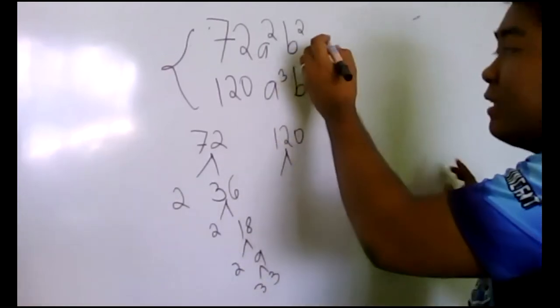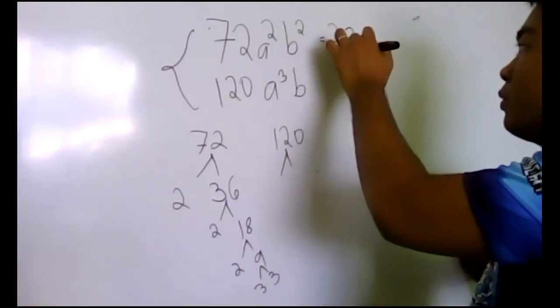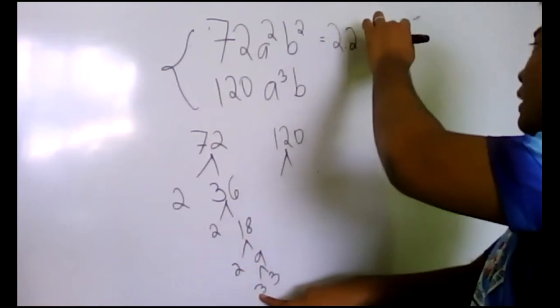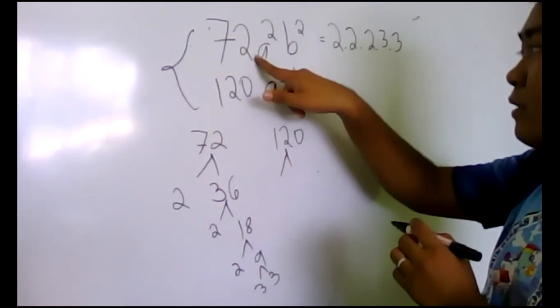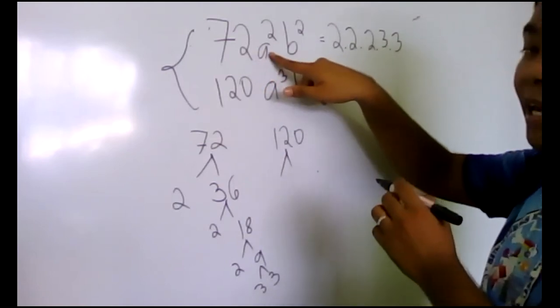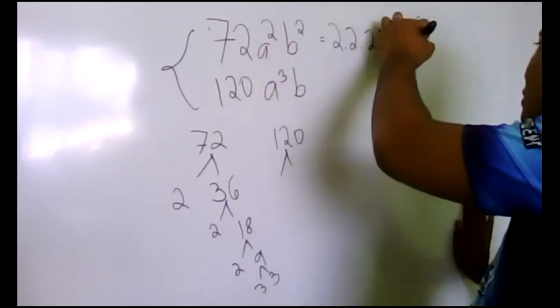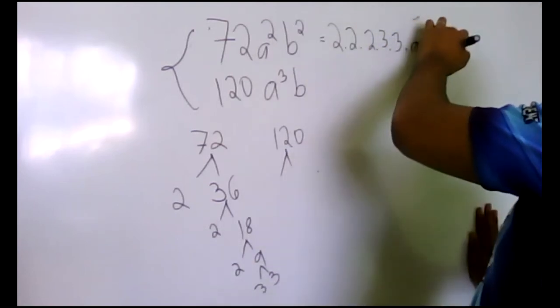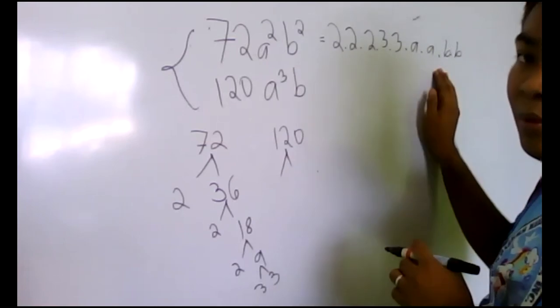And so kapag nilist natin dito, 2 times 2 times 2 times 3 times 3. And then the variable, we have ilang A? There are 2 A's. A, A. And how many B? B, B. So there are 2 B.